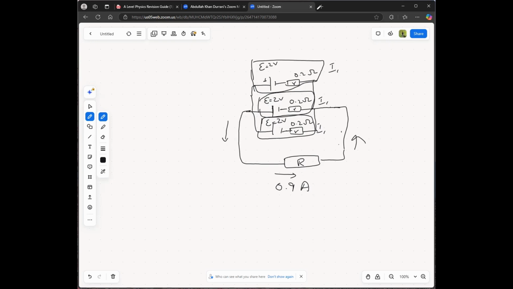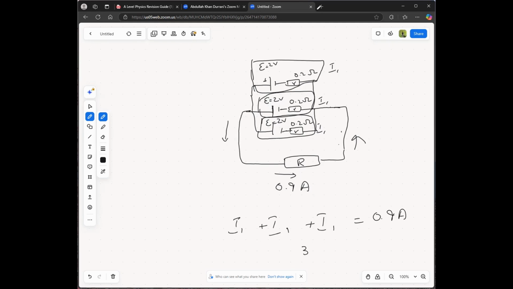So 0.9 amps is the total current, right? So this is I1 plus I1 plus I1, obviously all of them are contributing so that it is getting 0.9 amps. So I1 plus I1 plus I1 should be equal to 0.9 amps.